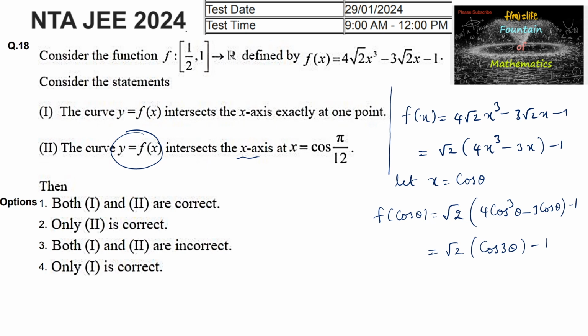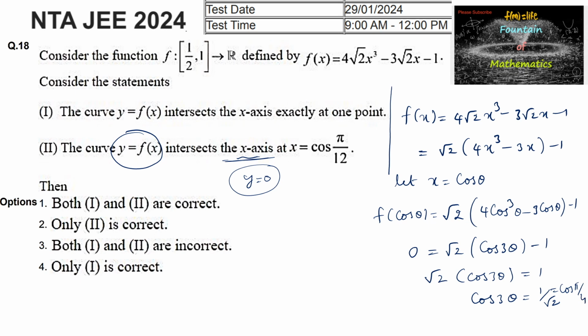And let us see this. To intersect the x-axis, we have to consider y = 0, that is f(cos θ) = 0. So we get √2 cos 3θ = 1, or cos 3θ = 1/√2, which is cos(π/4). Then 3θ = π/4, which implies θ = π/12.